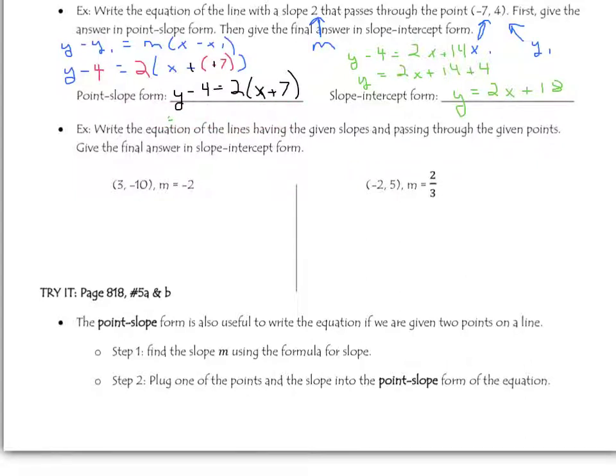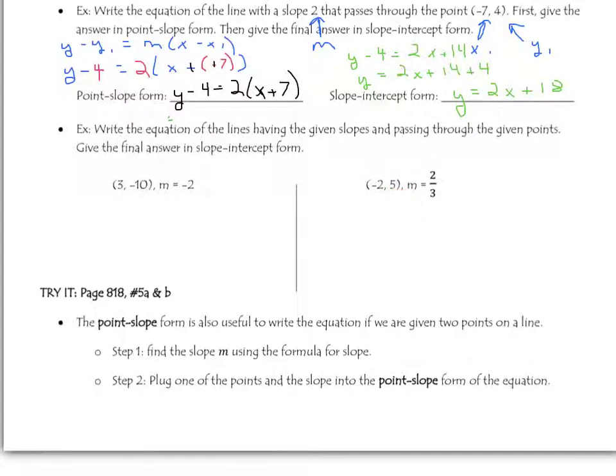This form, which is point-slope, and this form, which is slope-intercept, represent the same lines. They can be manipulated around and shown to be the same or equivalent equations. So what I want you to do is work this problem and this problem. So pause the video, work these problems.